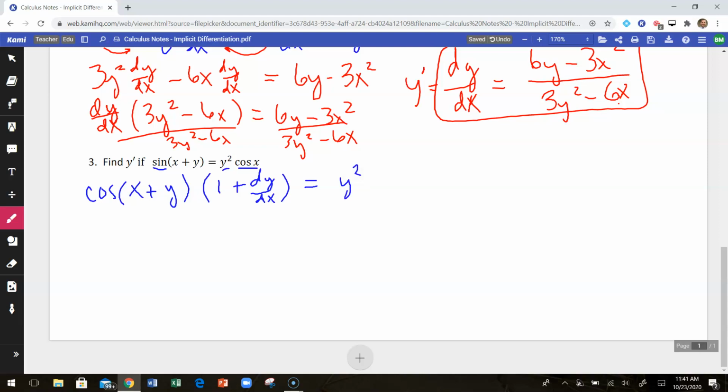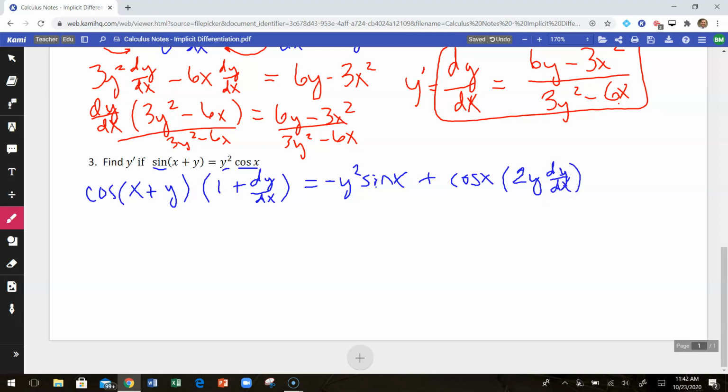Well, the derivative of cosine x is negative sine x, so I'm going to put a negative out front and then just say sine x. So negative y squared sine x, plus the second, which would be cosine x, times the derivative of the first, which would be 2y, chain on dy over dx.